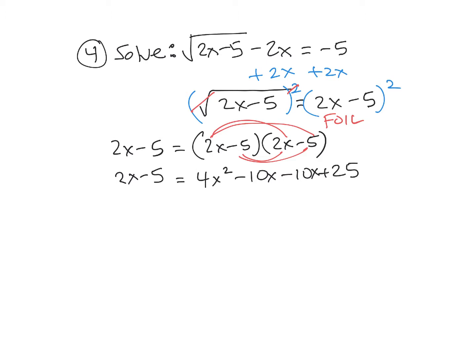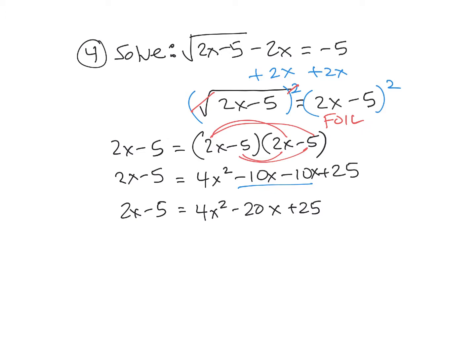This is a quadratic equation, so I want to get this in standard form so I can do quadratic formula or factoring. But that means I've got to combine these like terms here in the middle. So 4x squared minus 20x plus 25 equals 2x minus 5 on the left.